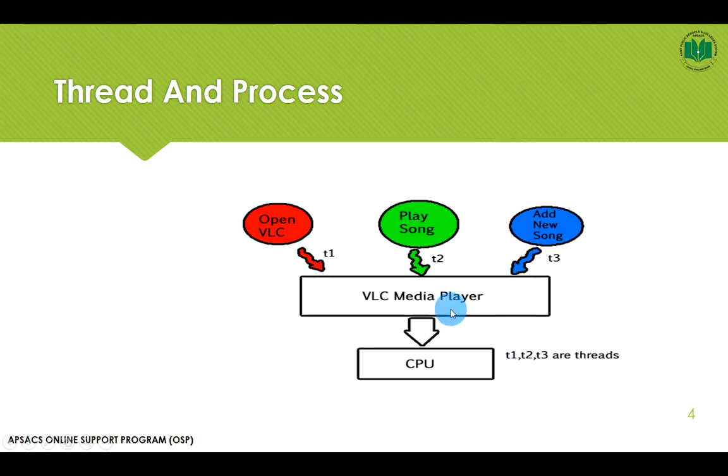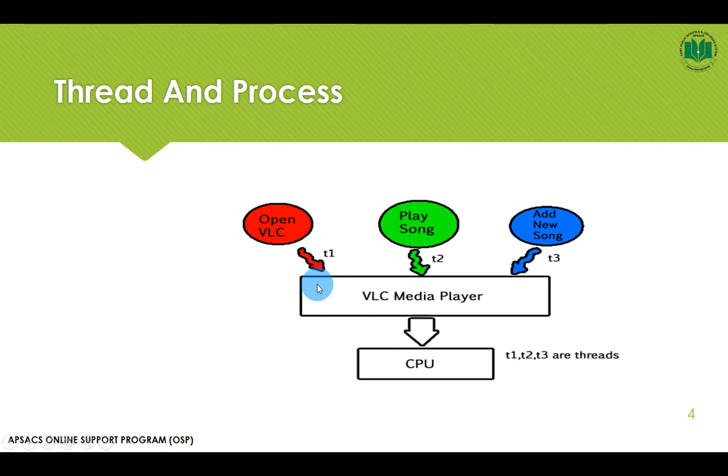There are three main threads, for example, as we are discussing it. When we open the media player, it is the responsibility of that specific code to open the media player and display the interface. Only T1, meaning thread 1, will execute and open the VLC media player.